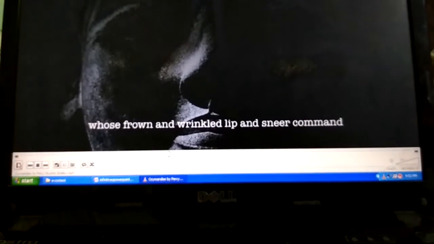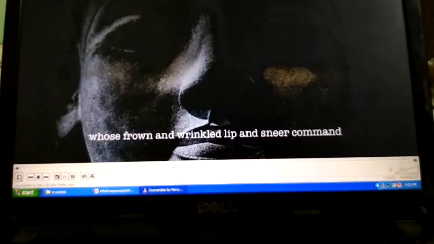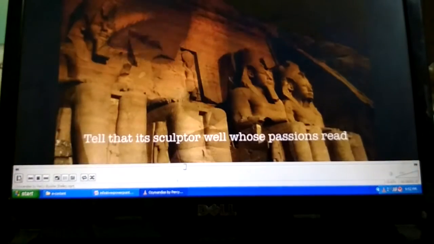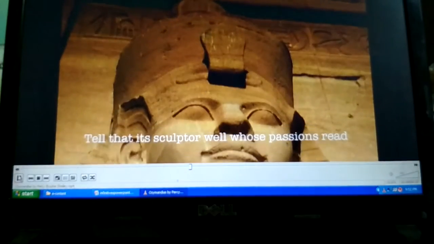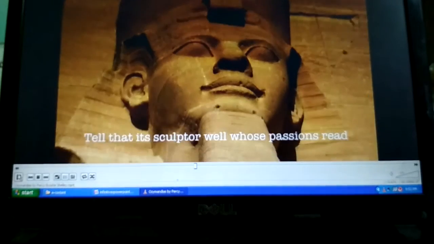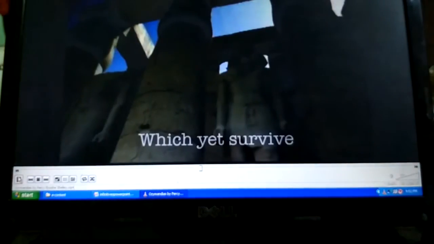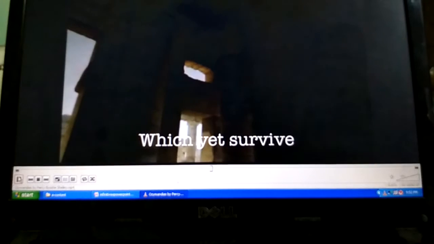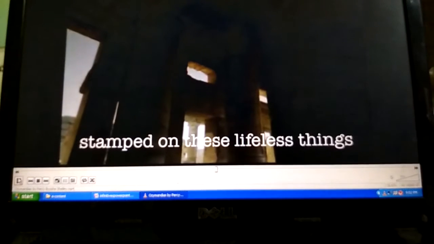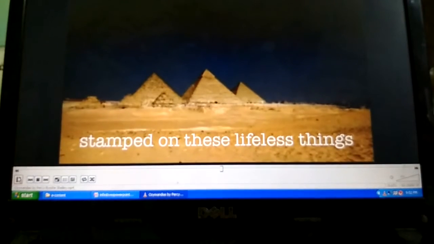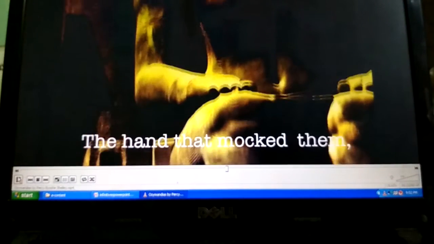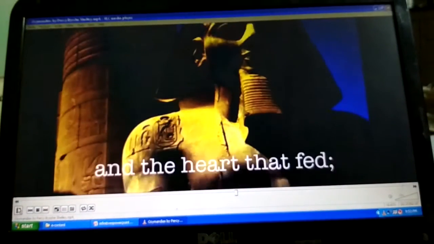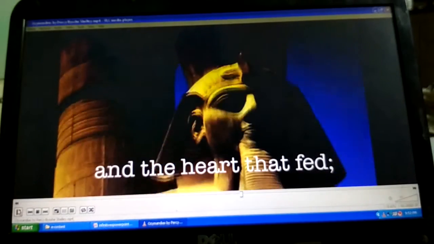Whose frown and wrinkled lip and sneer of cold command tell that its sculptor well those passions read, which yet survive, stamped on these lifeless things, the hand that mocked them, and the heart that fed."